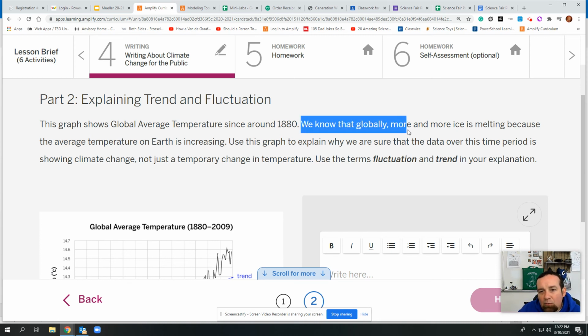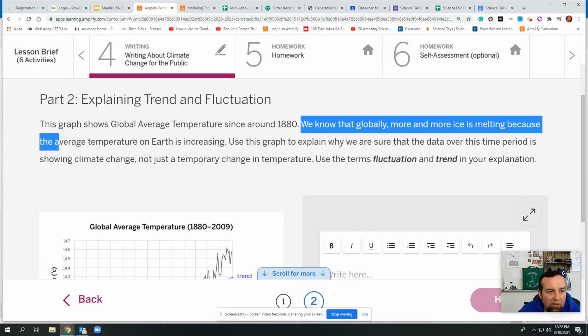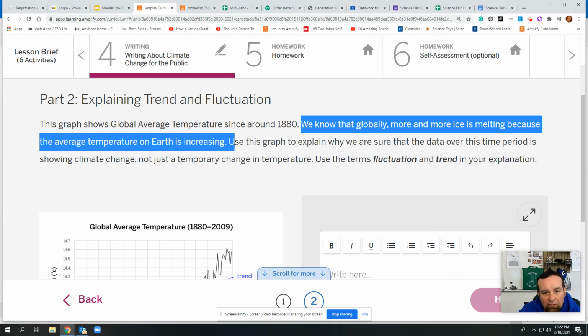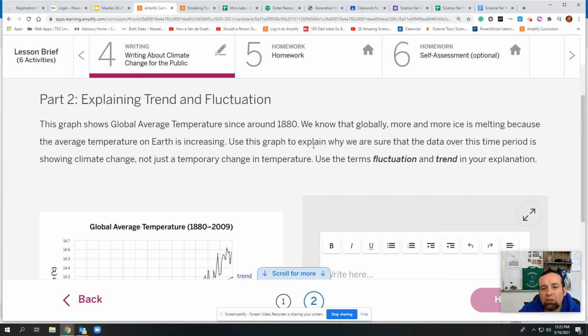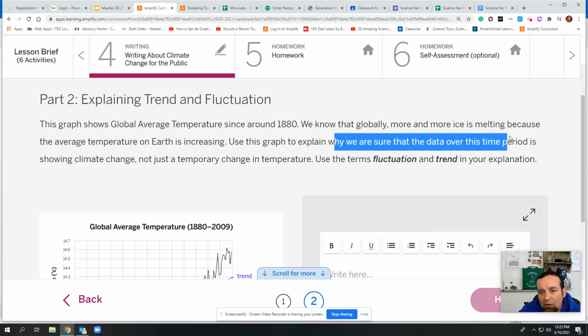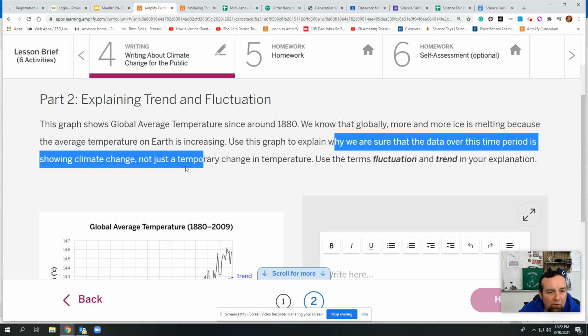We know that globally, more and more ice is melting because the average temperature on Earth is increasing. Use the graph to explain why we are sure that the data over this period of time is showing climate change, not just a temporary change in temperature. So really, this is what you're trying to answer.